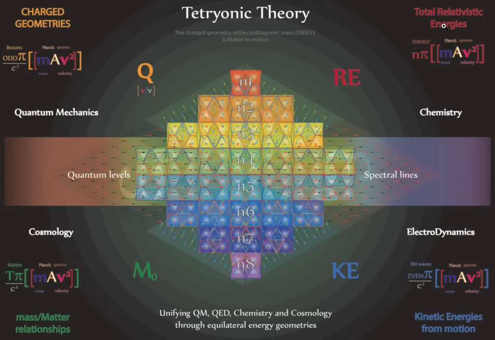In fact, as the final comment, I can now confidently say that if you've followed this three-part lecture through to its end at this point, you'll see that we can in fact abandon relativity theory and its assumptions and premises and go back to Tetryonic theory with its equilateral geometry as its foundation, and correct the mathematics for all of quantum mechanics, electrodynamics, chemistry, and in fact we'll go on to show cosmology in later lectures and how Tetryonic geometry will in fact replace and correct both Newtonian gravity, as we've touched on here, as well as general relativity.